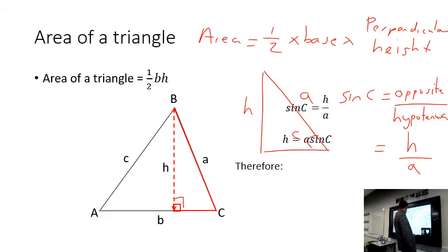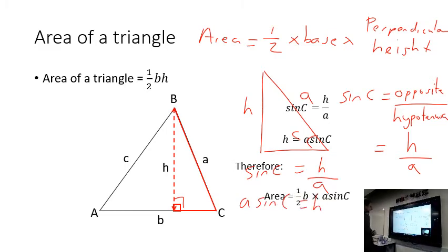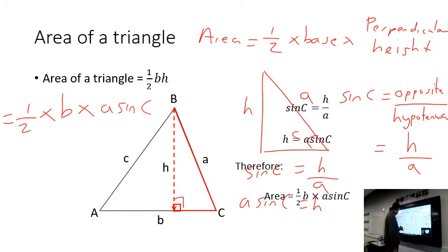Since we know that sine C is equal to h over a, therefore h is equal to a sine C. So I can rewrite this formula for the area of a triangle. It's equal to half times base times a sine C.